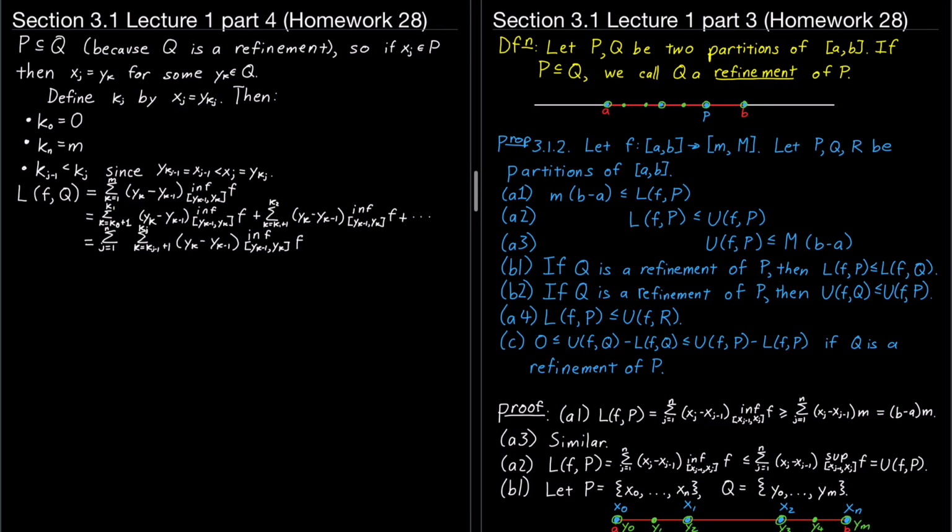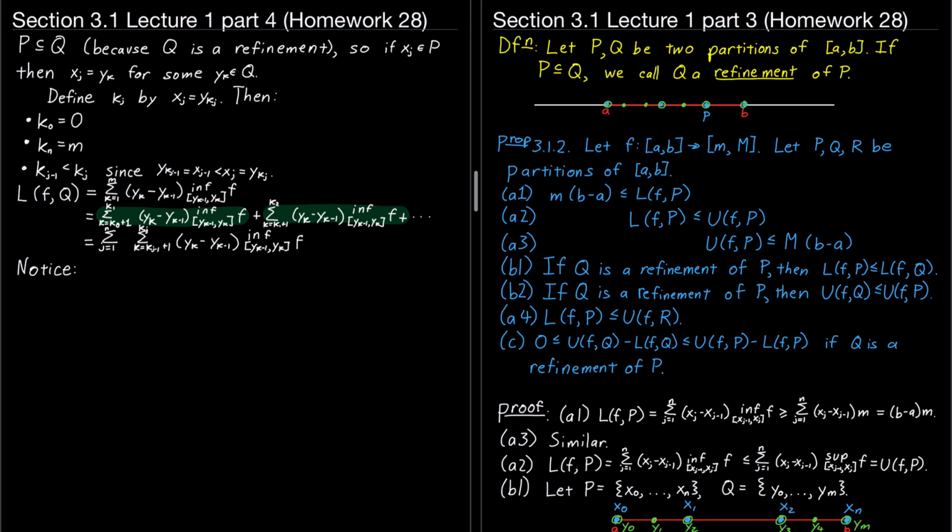So if you plug in j equals 1, you get this first term up here. If you plug in j equals 2, you get this second term up here. Notice they're only changing by the indices of summation. All right, now here's the next thing to notice.